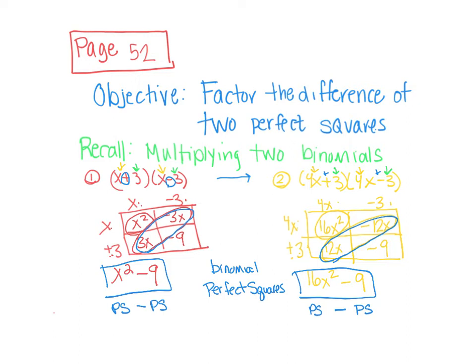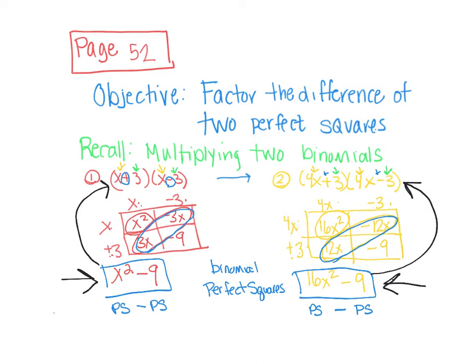This is going to be our goal for today. We are now actually going to be starting with these as our problem, and we will need to work backwards to get to our factors as the answer. But by looking for the patterns that we just talked about here, that's going to make it a little bit easier for us.